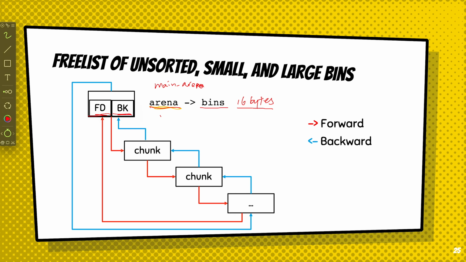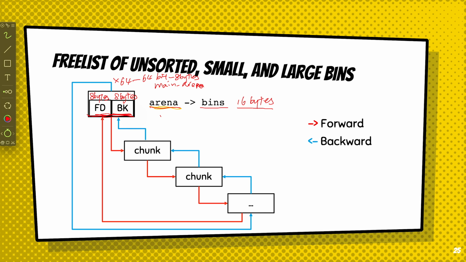And because we are doing x64, that is 64-bit, which is 8 bytes. So that's why we have 8 bytes to store the forward pointer and another 8 bytes to store the backward pointer. And then starting from the head of the bin, we're going to have that point to each chunk.